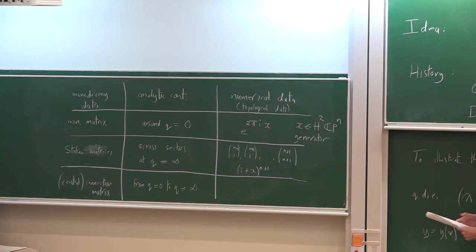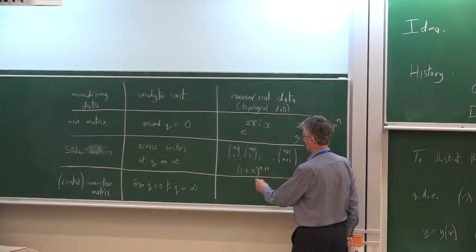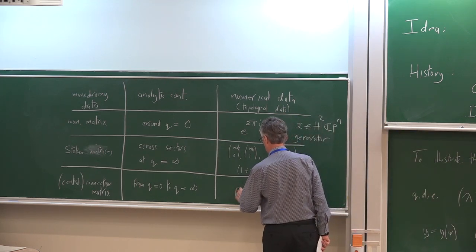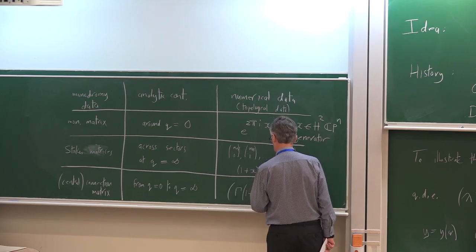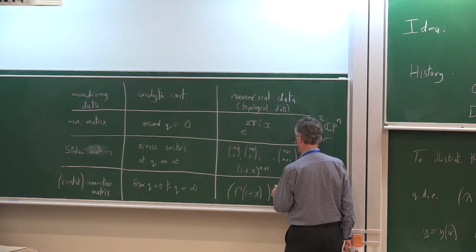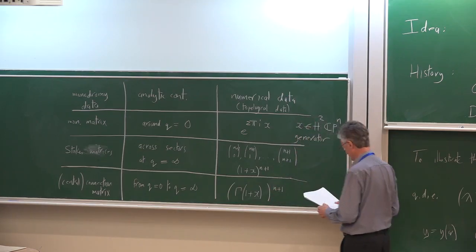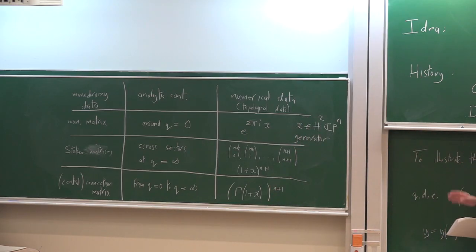And this is where the gamma class comes from. So the numerical data which is extracted from this is gamma(1 + x)^(n+1). So I will talk about this in detail later, but gamma is the gamma function, 1 plus x.